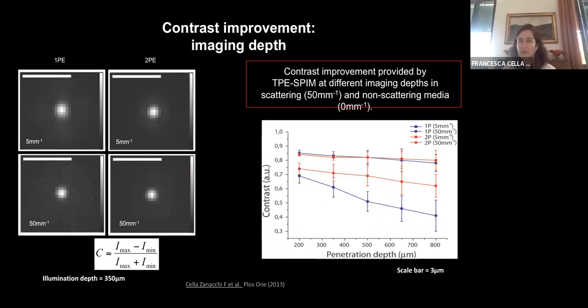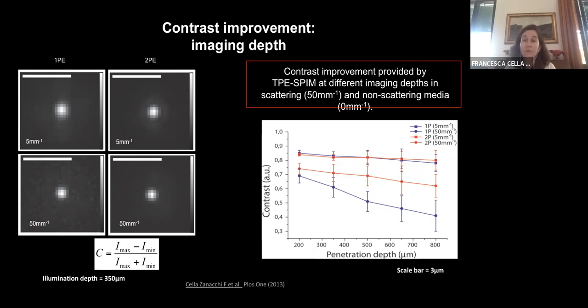If we look at beads, for example, we can see that the contrast is more robust if we use two-photon excitation. When you're imaging transparent samples, the contrast is the same whether you're using single photon or two-photon excitation. So this is not helpful for transparent or thin samples.